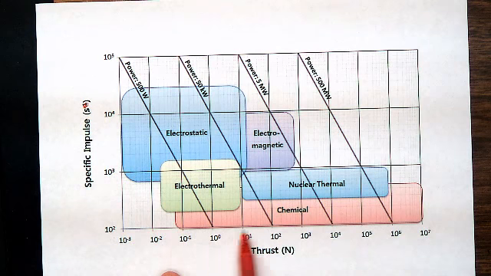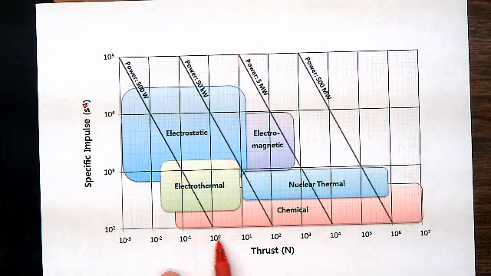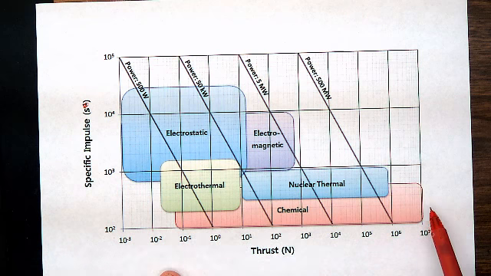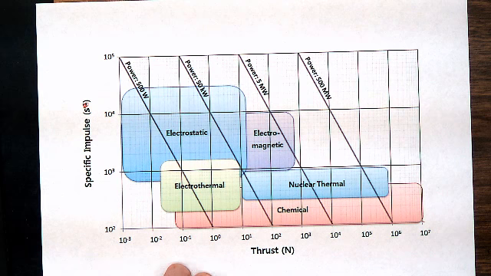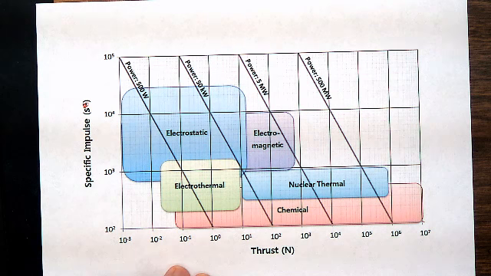And as you can see, the chemical rockets are down here with a low ISP and have a relatively high thrust associated with them. Their ISP, the Space Shuttle main engine, is probably one of the best, if not the best, highest performing chemical rockets produced. And it's at about 450 seconds of ISP.